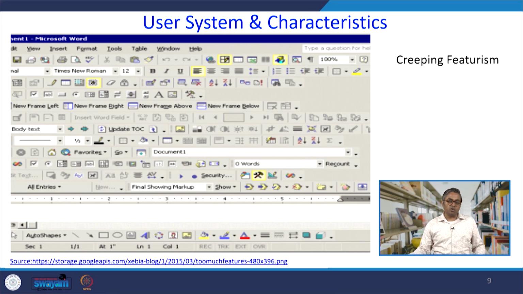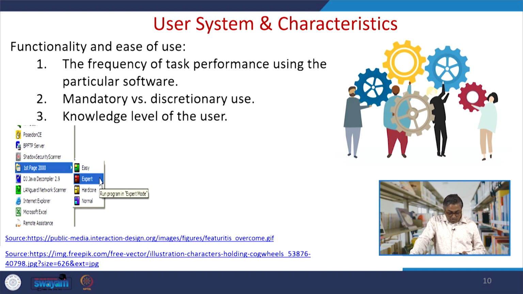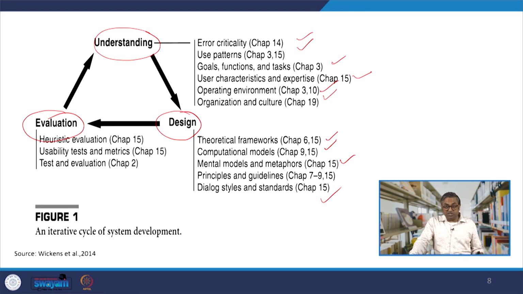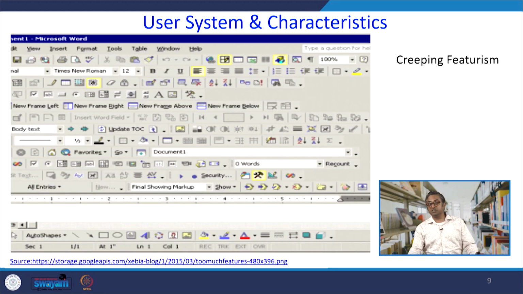Now, the coordination between these three variables, we have to understand that people have tried to use all these parameters to understand the user system. Now, this picture some of you might be familiar with, some of you may not be.